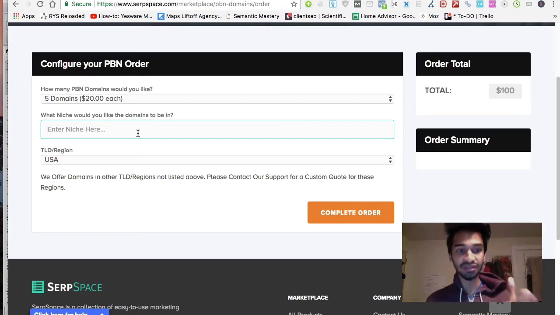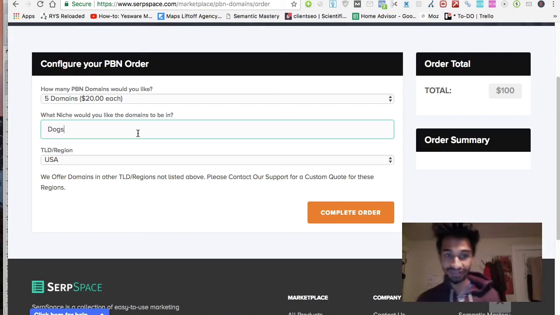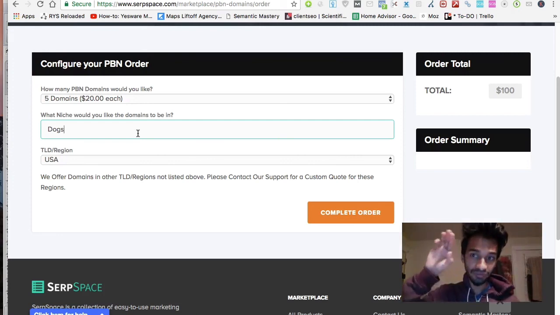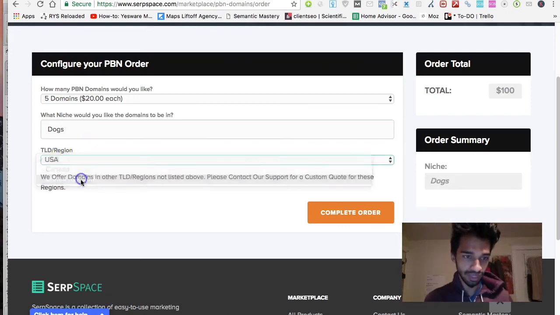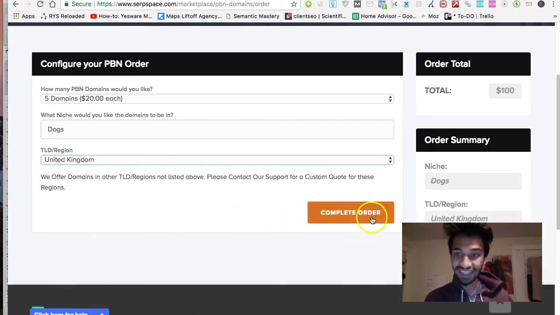Here you can literally put something like dogs, and they will find you domains for dogs, right? So I would say the niche here, dogs, right? Yeah, you can just say that, pretty much. And they will literally find you domains with dogs and also referring domains of that domain with dogs, right? And then TLD would be USA, or if you're doing UK, it would be UK, and then that's it.